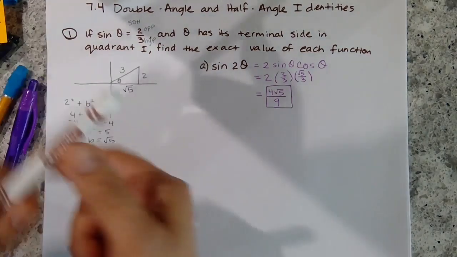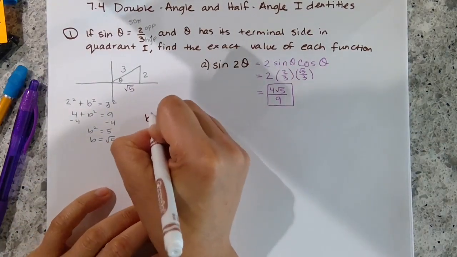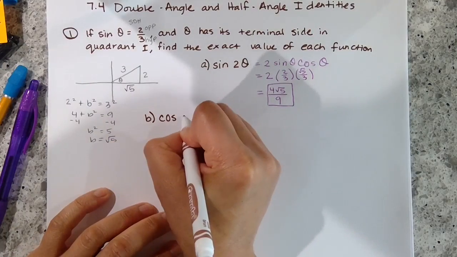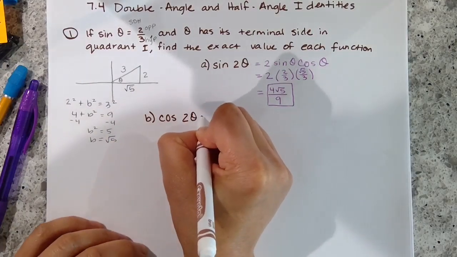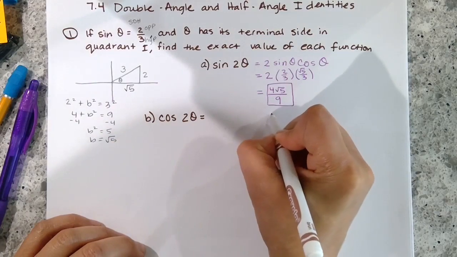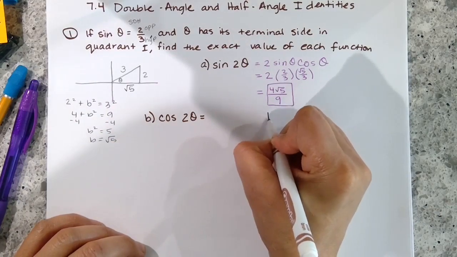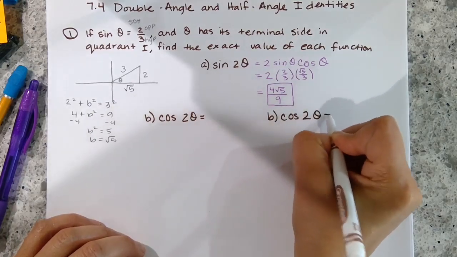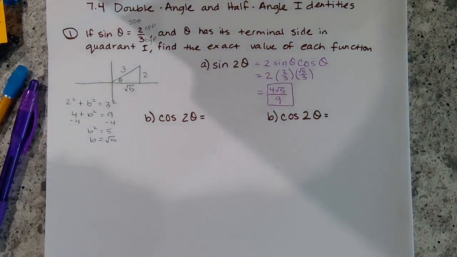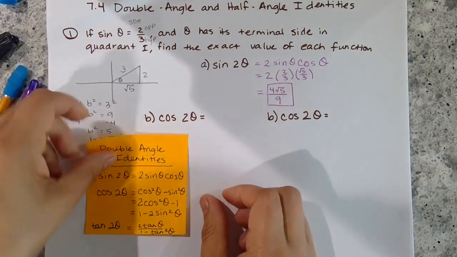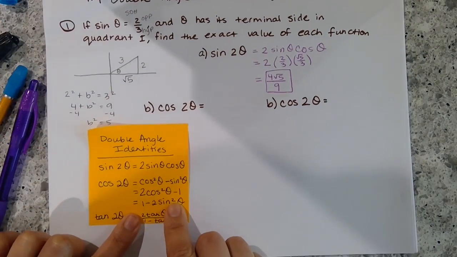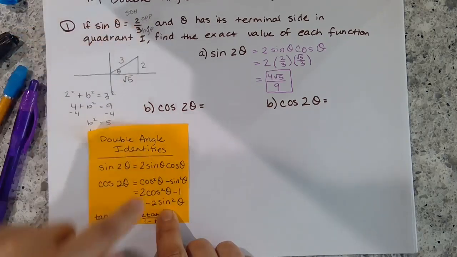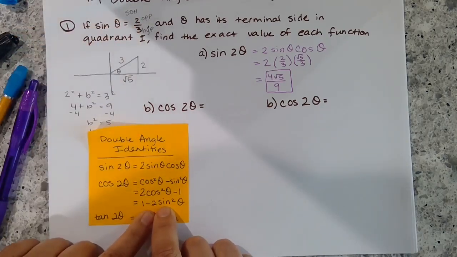Next problem. We're going to do this one twice. So here, cosine of 2 theta, I have 3 choices to pick from. Looking at this, I know in my problem they had given me the sine, so I'm just going to pick this one here.